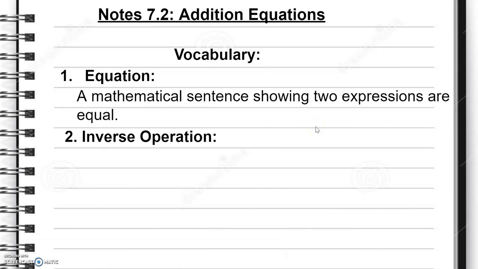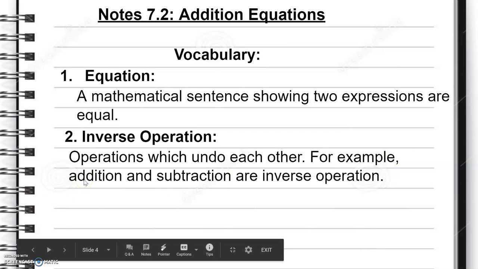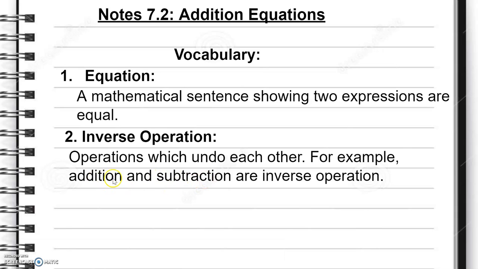Vocabulary word number 2, inverse operation. What is inverse operation? That is operations which undo each other. For example, if you have an addition problem, the inverse operation of addition, the opposite, is subtraction.